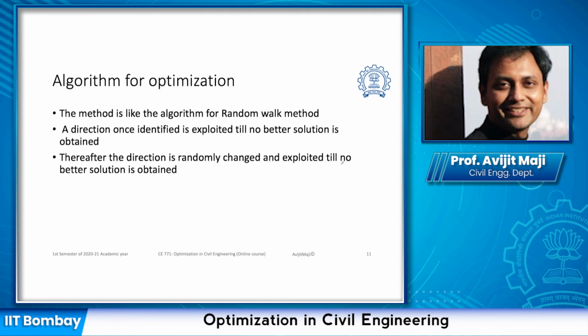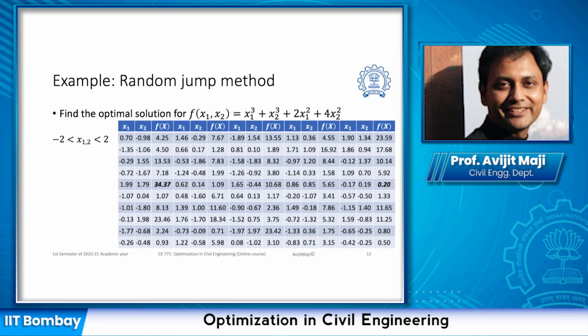So this process is similar to the random walk method. However, we do exploit that direction and there is no fixed step size. Rather, the step size is decided based on the direction and how much we can reach. To understand all three methods clearly, we have examples to look into.